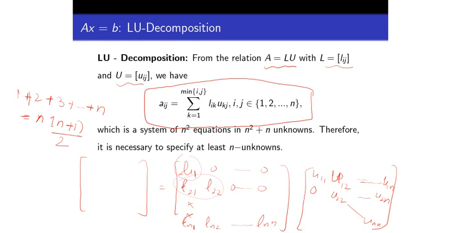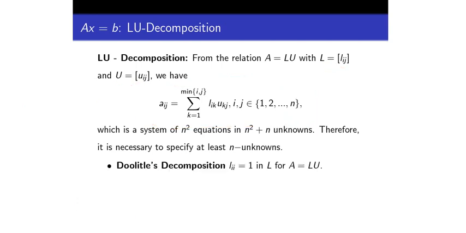Fine. So there are three types of decomposition we are going to learn, maybe in the next class. One is Doolittle decomposition, which fixes the diagonal entries in L, the lower triangular part, as 1.